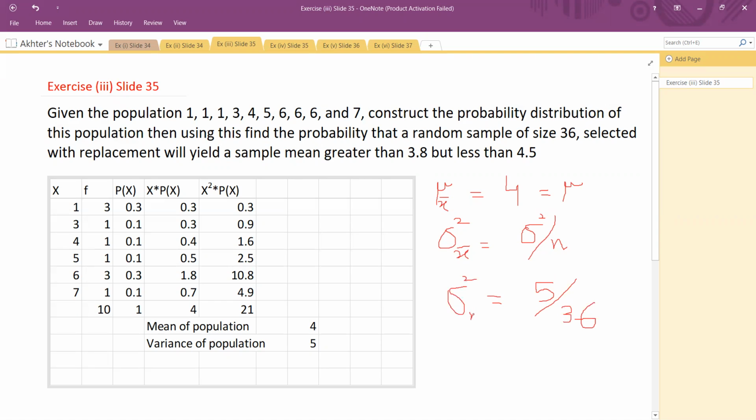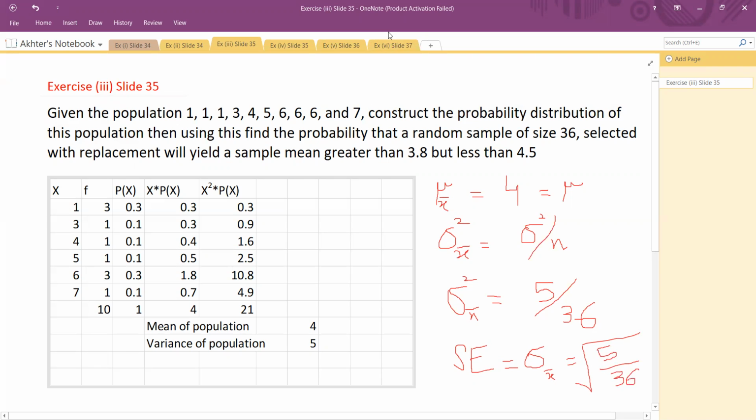Now you can calculate the standard error. The standard error is the standard deviation of the sampling distribution of mean, sigma x bar. Sigma x bar is equal to the square root of 5 upon 36, which is the value of the standard error.